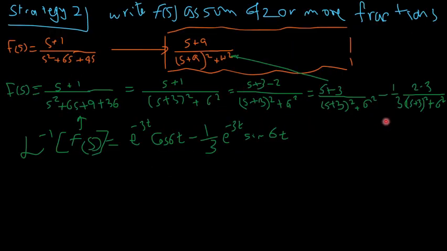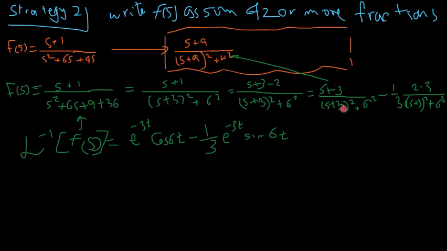So the first term, if you check in the table, it will be e^(-3t) cosine 6t minus 1/3, which is from here, multiplied by e^(-3t) sine 6t. So this is the definition or the Laplace transform for the cosine omega t.